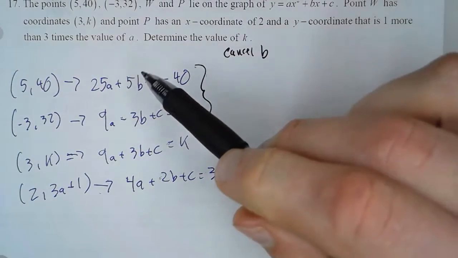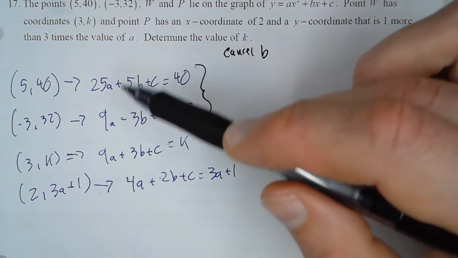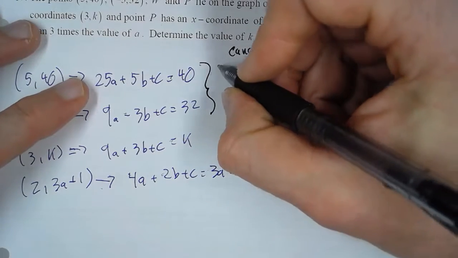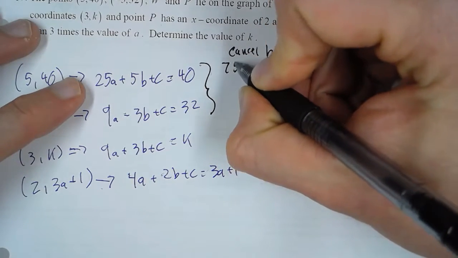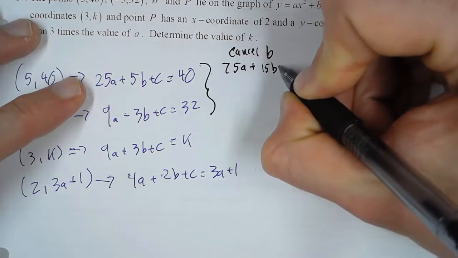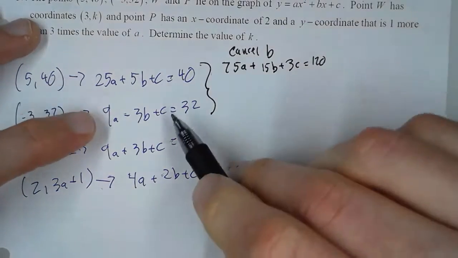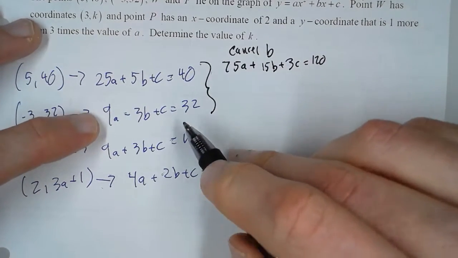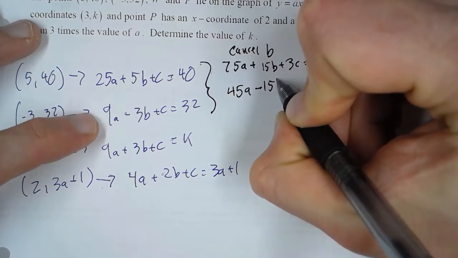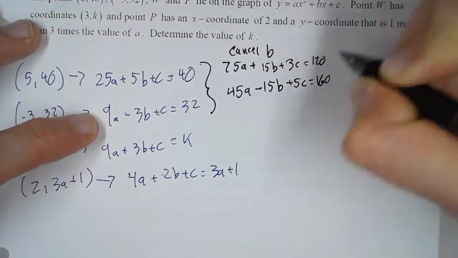In order to cancel out b, I need to multiply the top equation and the bottom equation so that they're opposites. I'm going to multiply the top equation by 3, so we get 75a plus 15b plus 3c equals 120. Then I multiply the bottom equation by 5, so that's 45a minus 15b plus 5c equals 160.